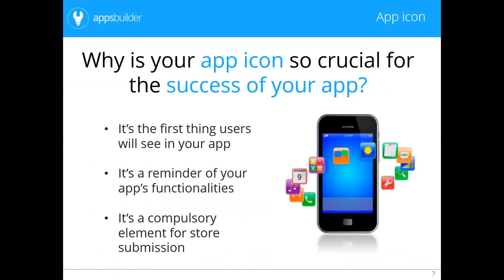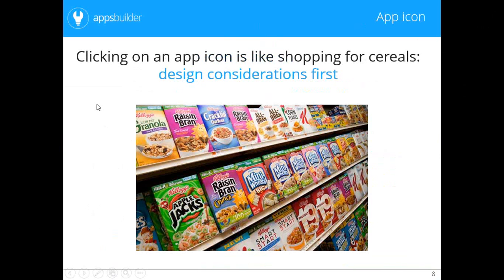Now, to better understand the impact that your app icon may have on users, think about shopping for cereals. When we go shopping for cereals, stores are crammed with shelves full of different boxes and brands. Still, we are naturally attracted to the most eye-catching packaging. Then come all the considerations about taste, nutrition facts, and so on, but only at a second stage.